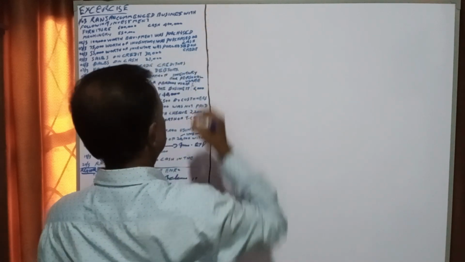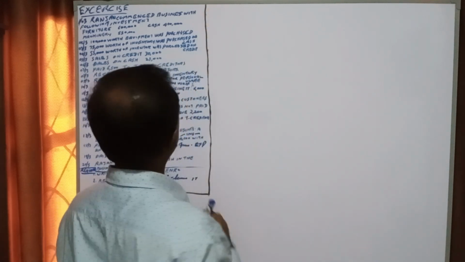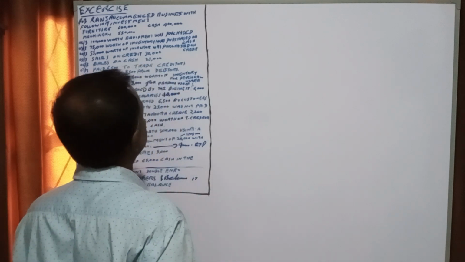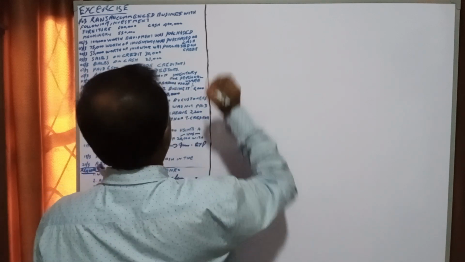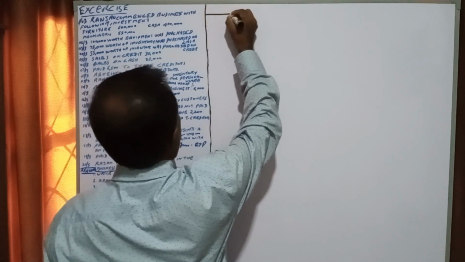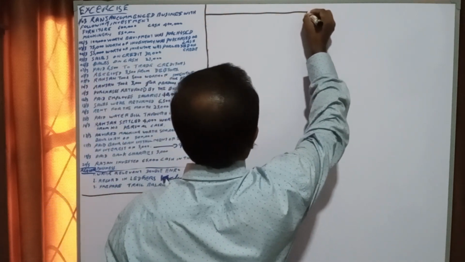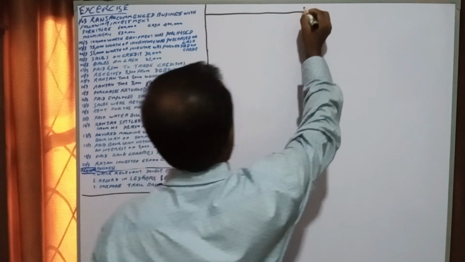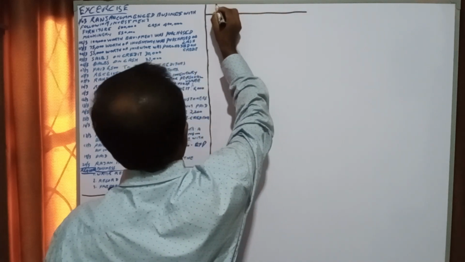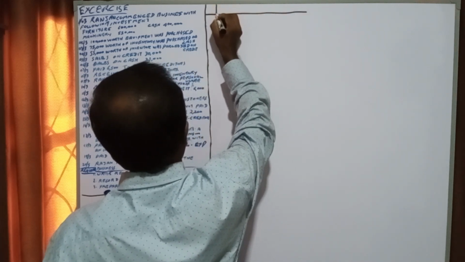Okay, this is the trial balance. This one is the folio number.